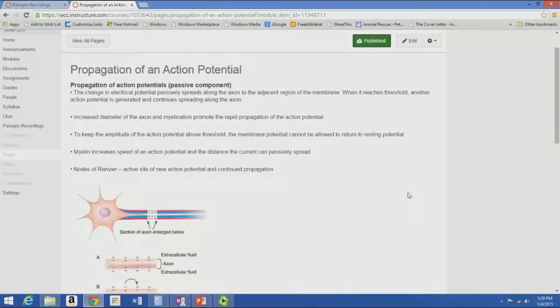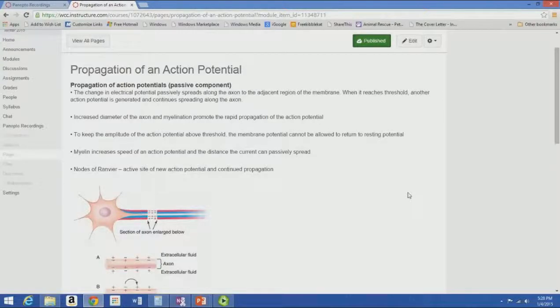So the action potential has to propagate down the axon in order to spread along. So you get a little bit of the change in electrical potential spreading passively just to adjacent regions of the membrane.